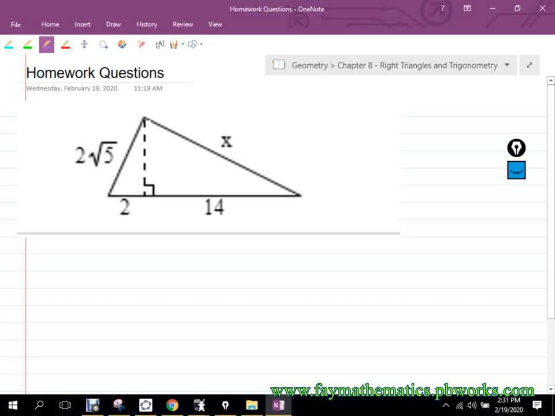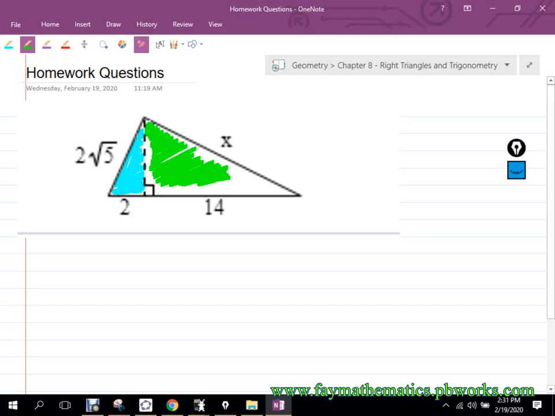Okay. However, we do have the ability to look at this in separate right triangles. Is that a right triangle? And then that green one is a right triangle as well, correct? Okay.